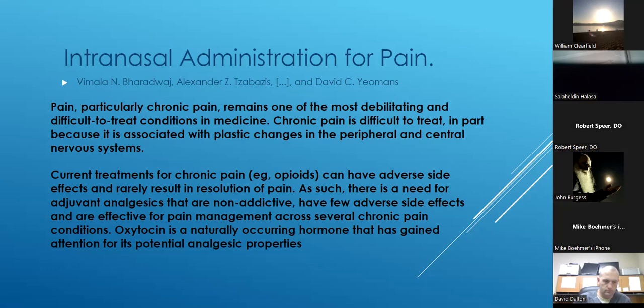It will decrease the sensitivity of the receptors, and so we need to have an adjunct analgesic that does not cause oxidative stress.